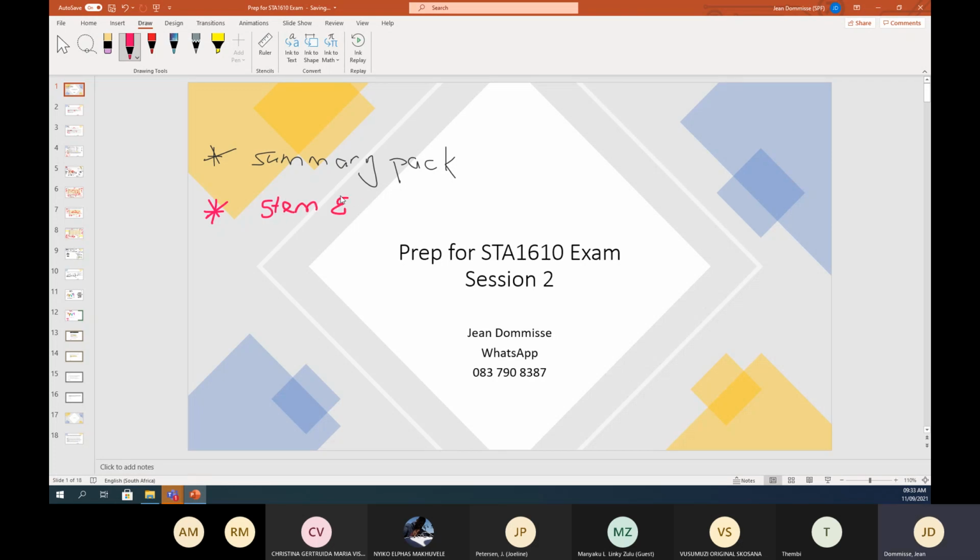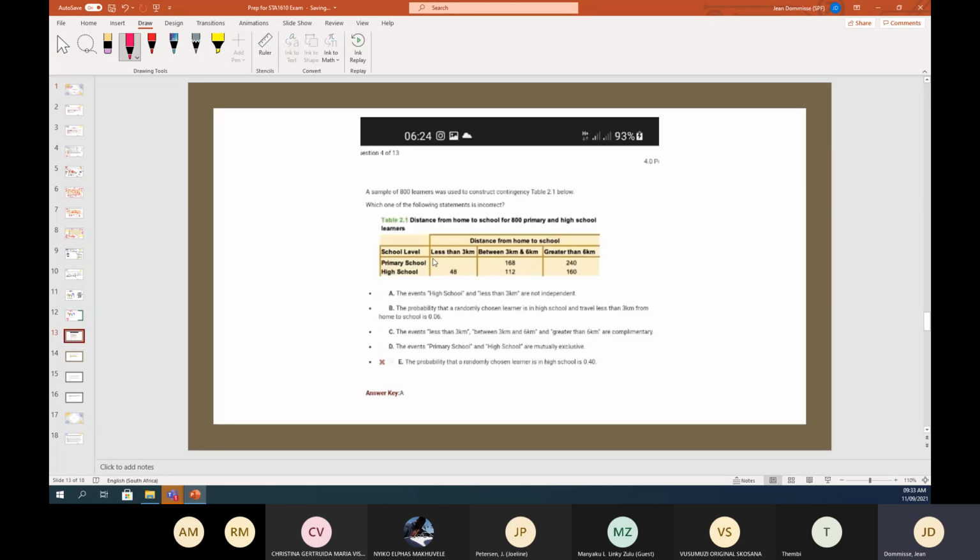In the next session I will get you a question or two on stem and leaf, because there wasn't one in your assignments. I want to make sure that is covered for you in the exam. I've made the note that we cover stem and leaf as well.